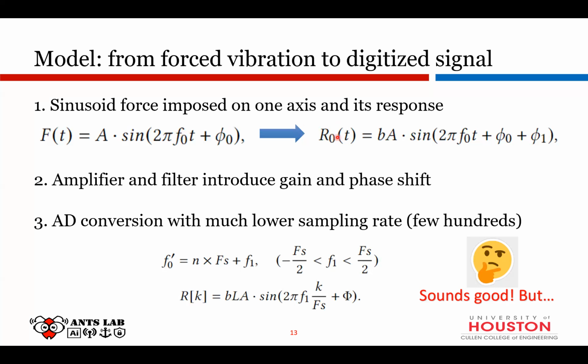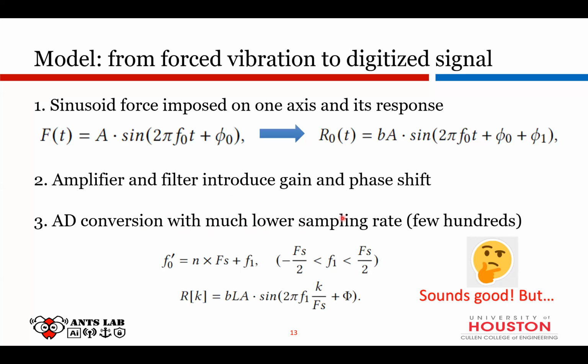The response to this force will still be a sinusoid signal with the same frequency, but different amplitude and an additional phase shift. After that, we feed this signal to an amplifier and filter. The amplifier and filter will introduce some additional gain and phase shift, but will not affect the frequency, since we assume it is linear. And the third stage is the AD conversion with a matched sampling rate.